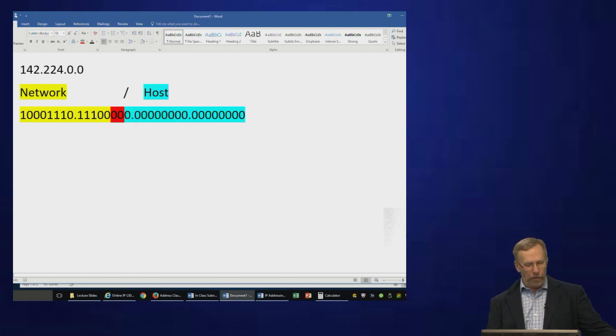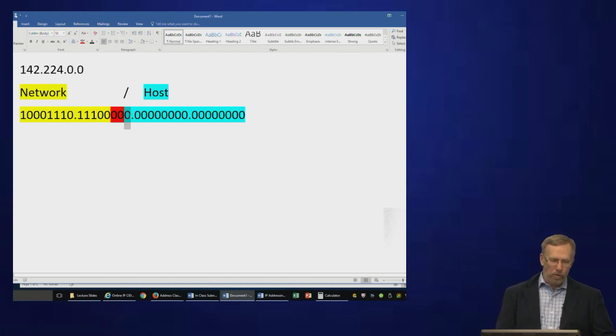But over here, I just have one bit to deal with, and the rest of these identify the actual network. So I got to go in reverse order and figure out what these bits are.